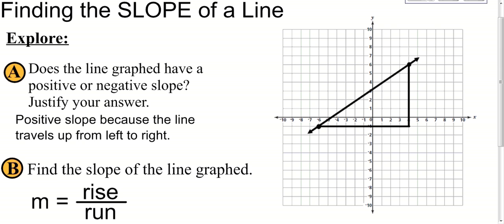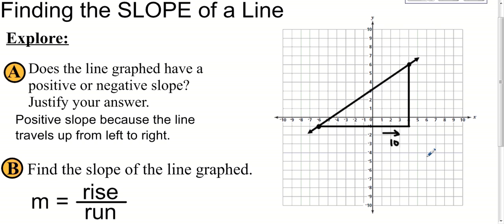So now, all you really have to do is count your lines. From this point, you're going 1, 2, 3, 4, 5, 6, 7, 8, 9, 10. So what we do is we put a little arrow. We went to the right, and that's 10. It's a positive 10 because we went to the right.